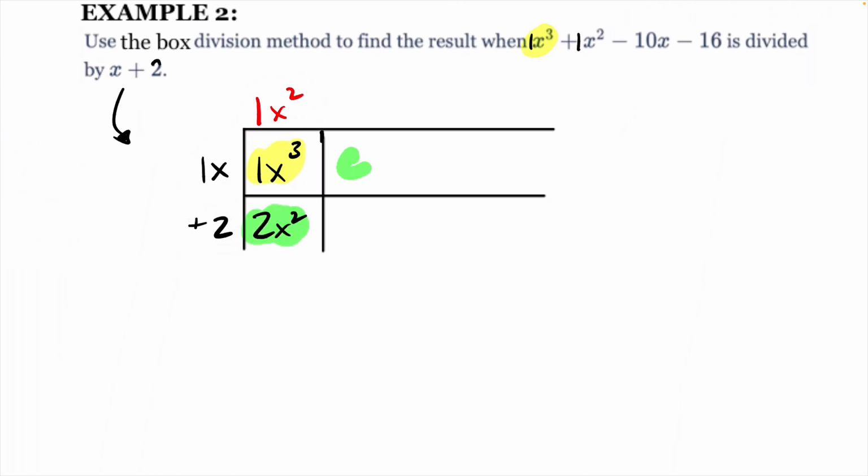This guy plus this guy has to equal this guy. The two, they're green on mine. The two green guys have to equal 1x squared, when I add them together, right? When I combine like terms.